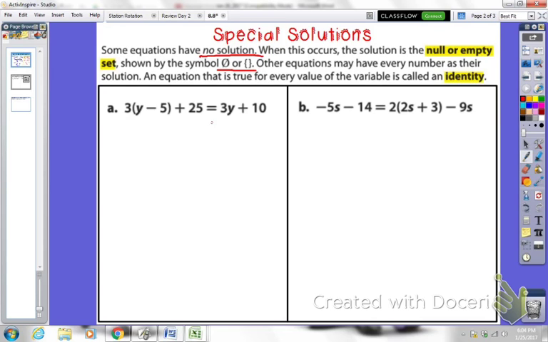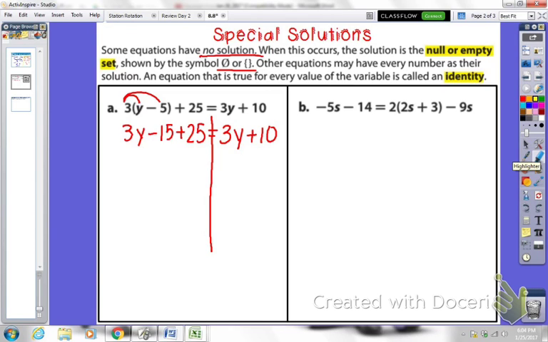So part A, again, draw the divider line. I'm going to distribute 3 first. So that's 3y minus 15 plus 25 is equal to 3y plus 10. I'm going to simplify that left side so I can combine like terms. The negative 15 plus 25 turns into 10.